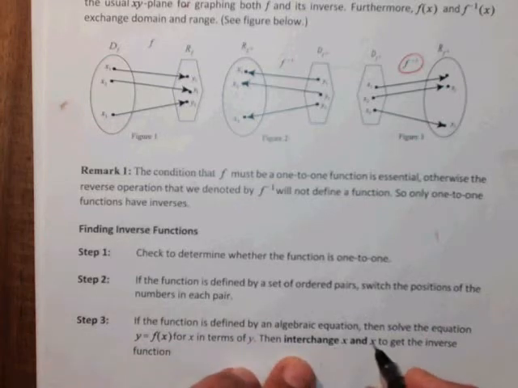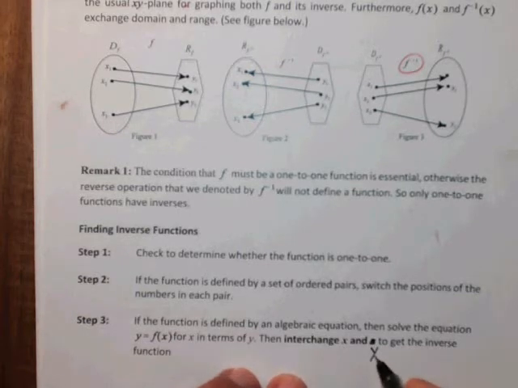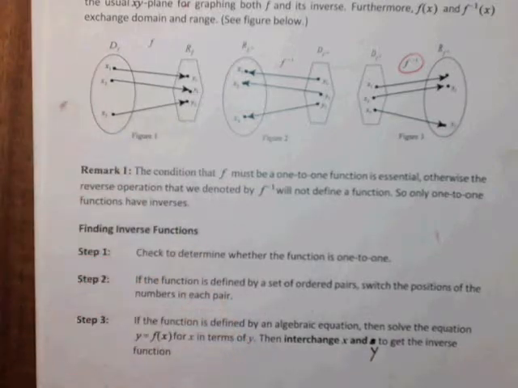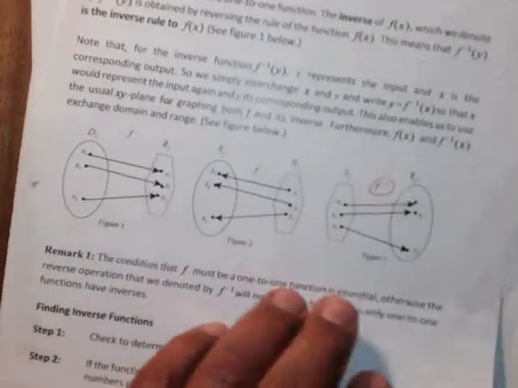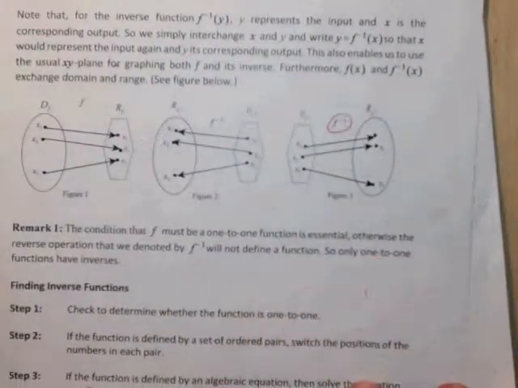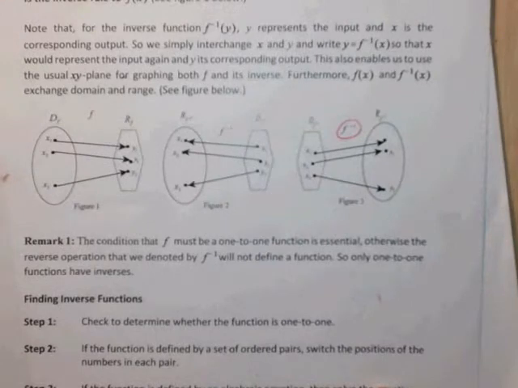Interchange x and y; there's a typo here. Change x to y, y to x, and you're done. Let me clarify the whole situation with some examples, which will be clear as soon as we see them.